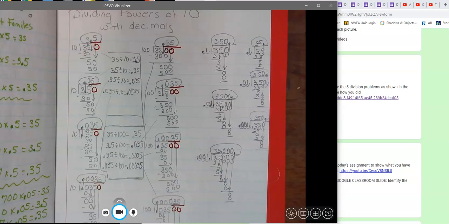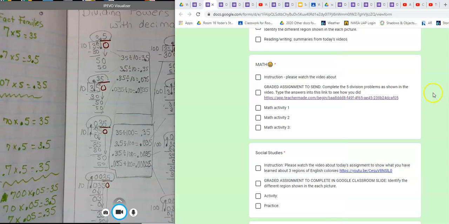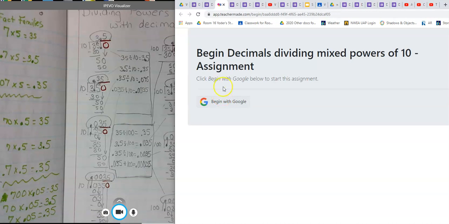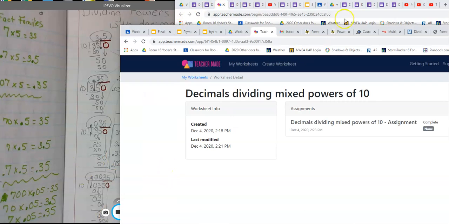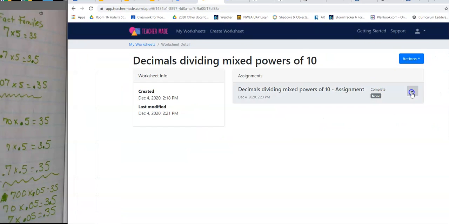Now we need to look at your homework. So your homework today, your assignment today, is linked up so that you click this link. You will begin it with Google, but I already have it open in another tab because it doesn't let me take it. And it's supposed to let me preview it.